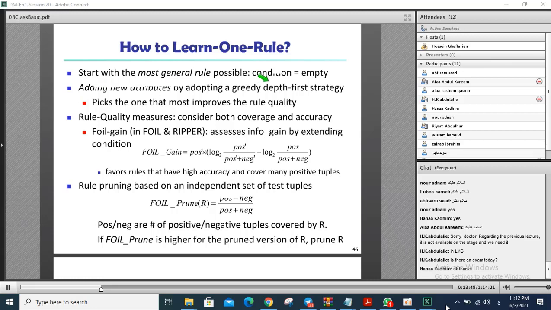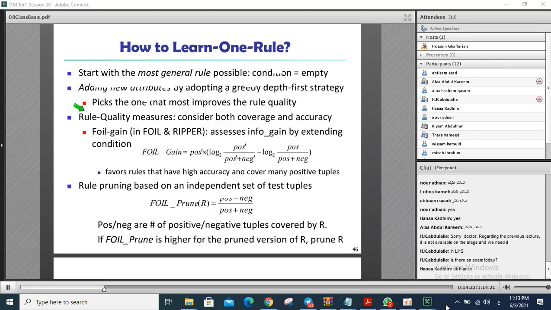We call this method learn-one-rule. The strategy in learn-one-rule is that firstly we start from the most general rule with no conditions, and one by one we add new attributes to the rule using a greedy depth-first strategy.